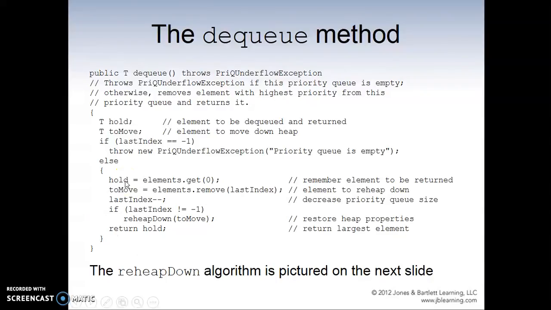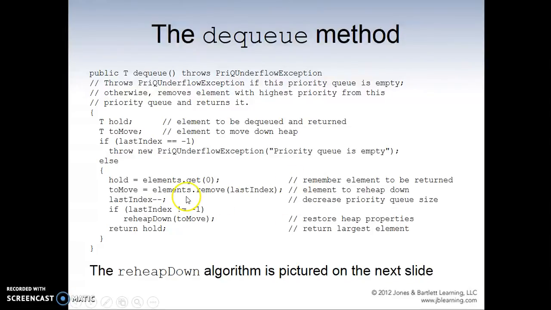Now, start to move. So first thing is we're going to put the element from the most right of the tree up to the root. So we said elements.remove, which is the last index, right? The most right of the tree, which is the last index.